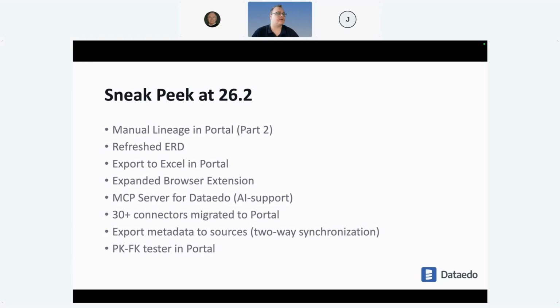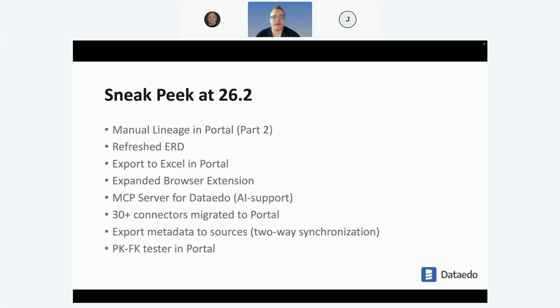This is standardized, so it should work with most of the most common AI tools. If you are using, for example, Microsoft Copilot, then you could connect this MCP server to your Copilot agent, and then it can answer questions based on information inside of the Dataedo repository.